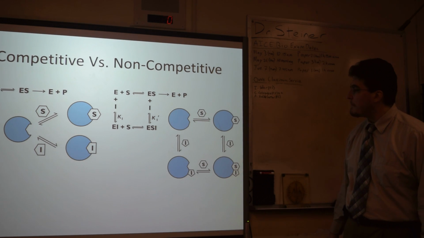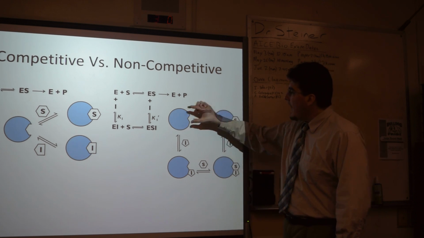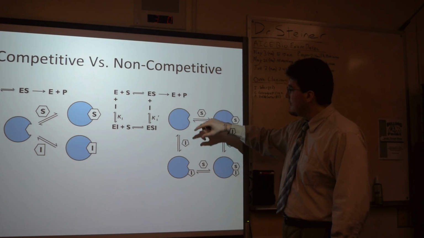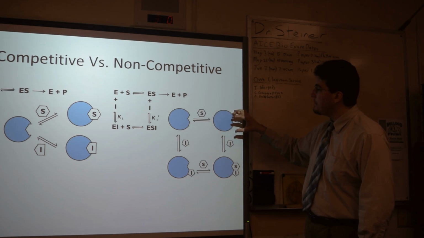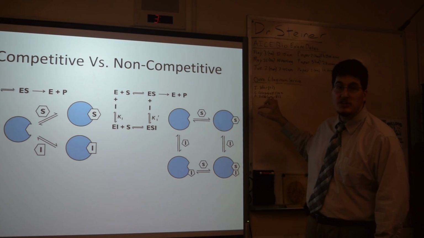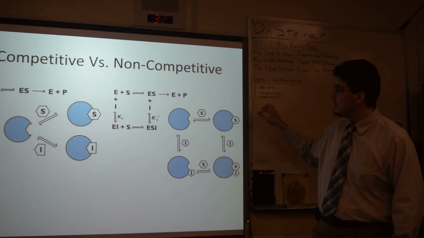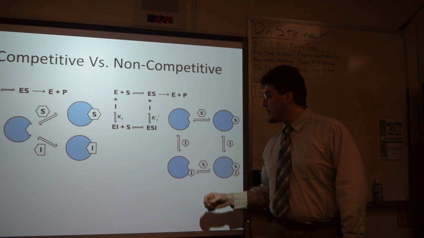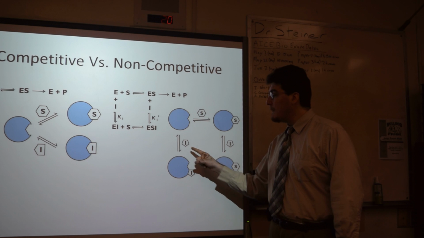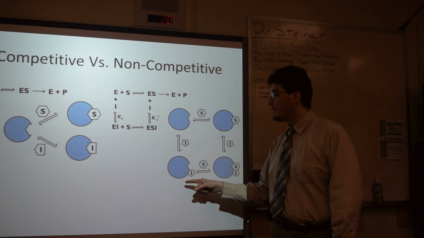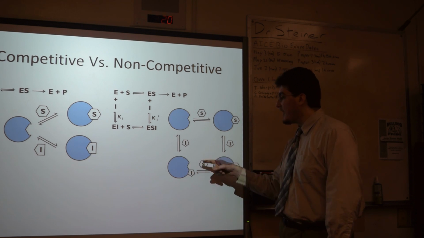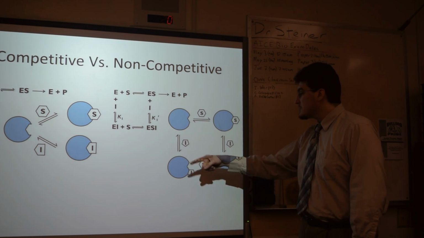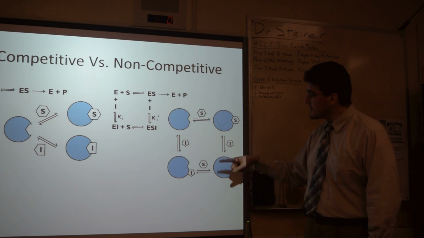This is the graphical representation. Enzyme and substrate react in a reversible fashion to create the enzyme substrate complex. This can move to completion. Enzyme and inhibitor can form the enzyme inhibitor complex. And this enzyme inhibitor complex can react with substrate to form the enzyme inhibitor substrate complex.